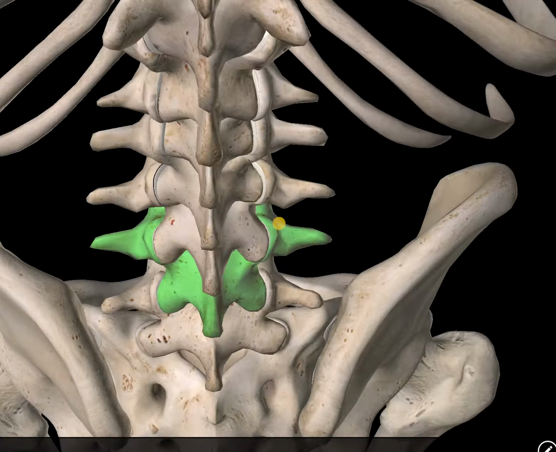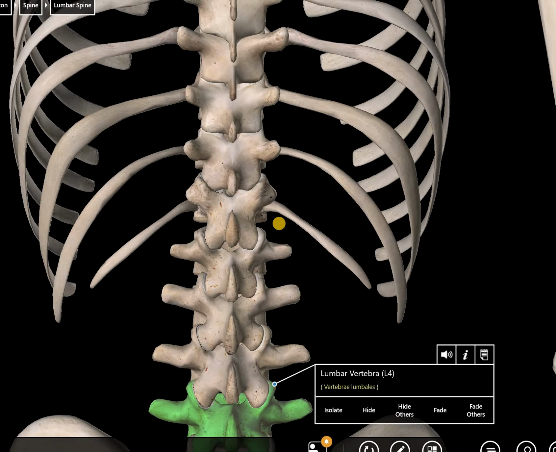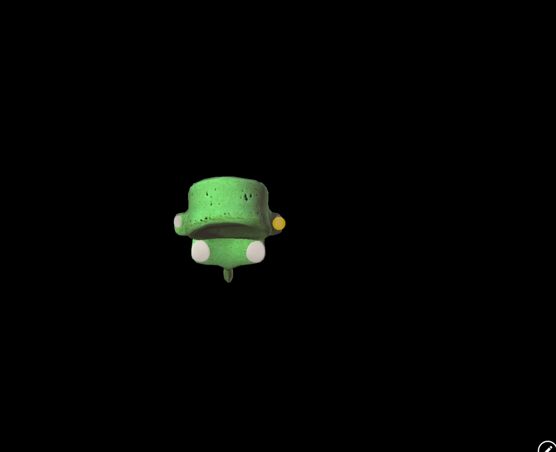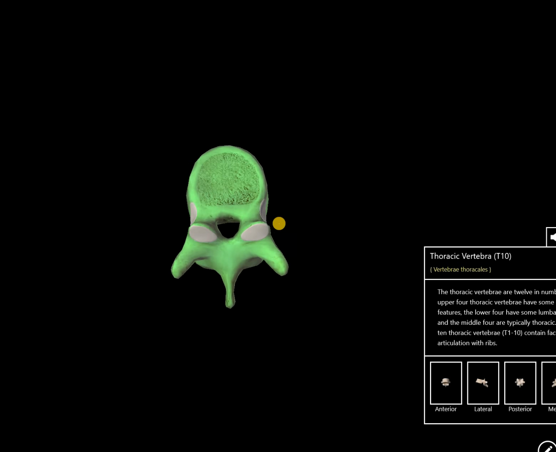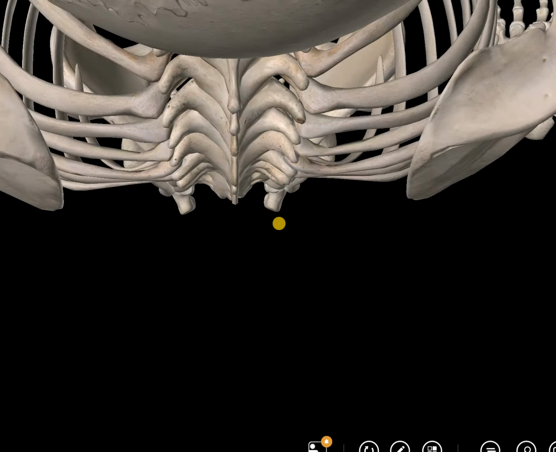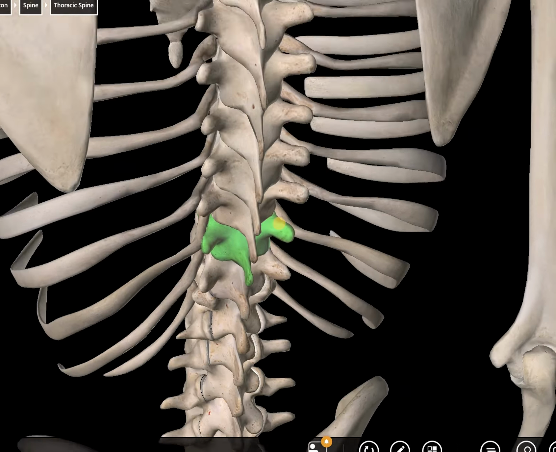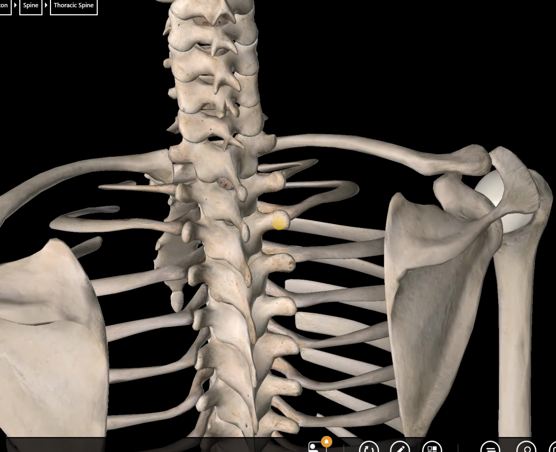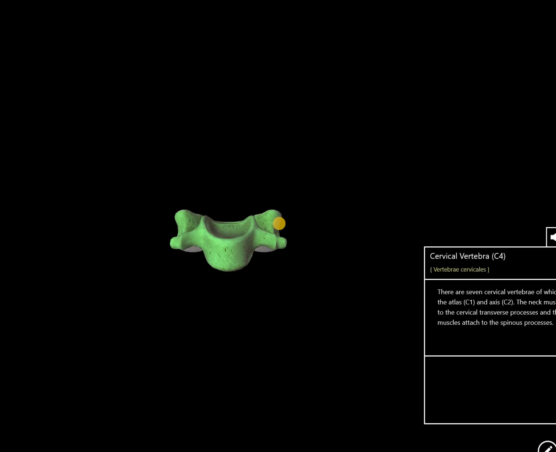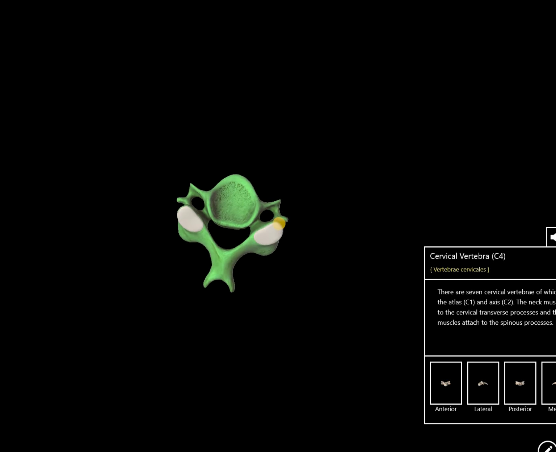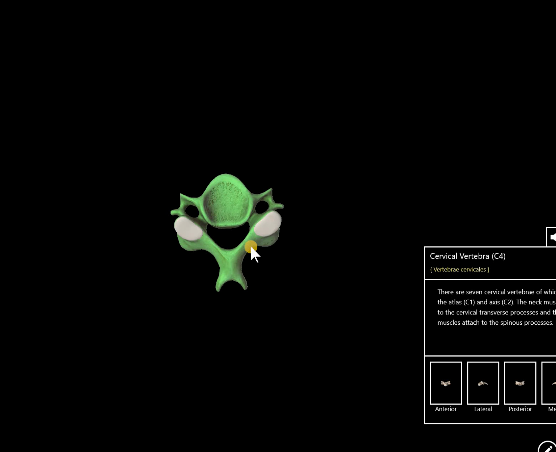All right, let's pick another bone. Let's pick a cervical. Lamina, pedicle. The pedicles are at the bodies, and the lamina tapers out into the spinous process.